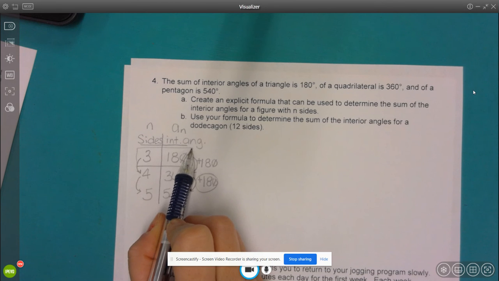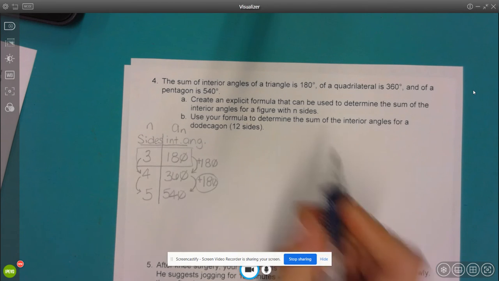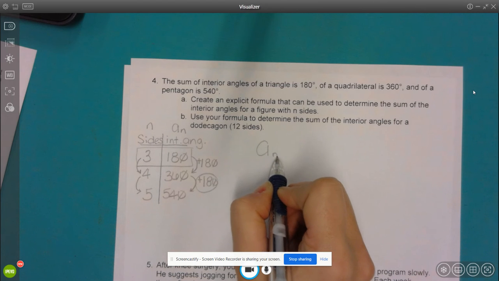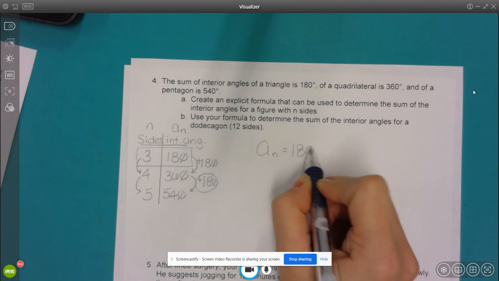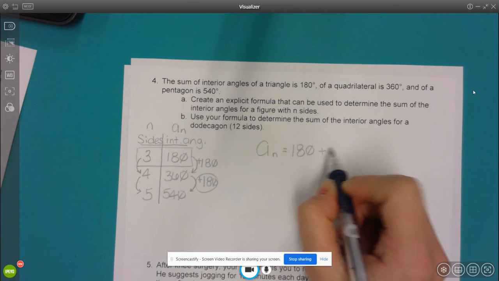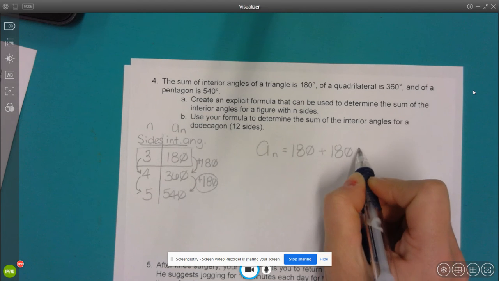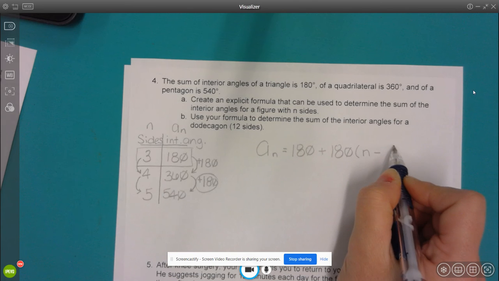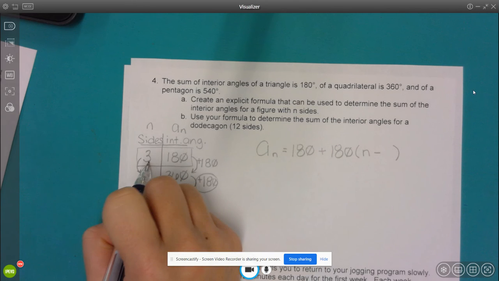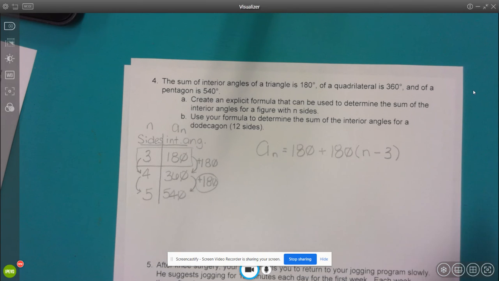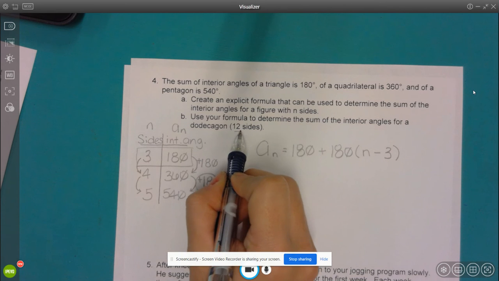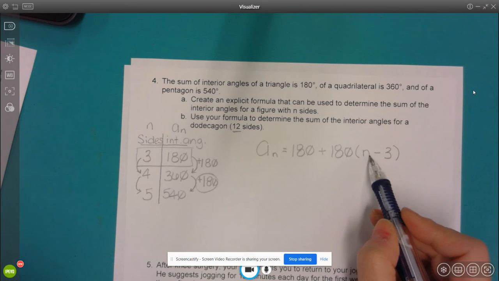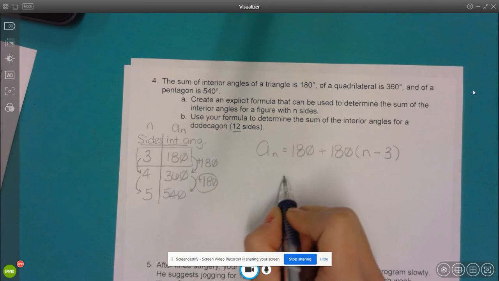Here is my first input and my first output. So I'm going to have an is equal to my first output of 180 plus my common difference of 180 times n minus my first input, which in this case is 3. Now I can use this to find the total of the interior angles for a 12-sided figure by putting 12 in where I see n.